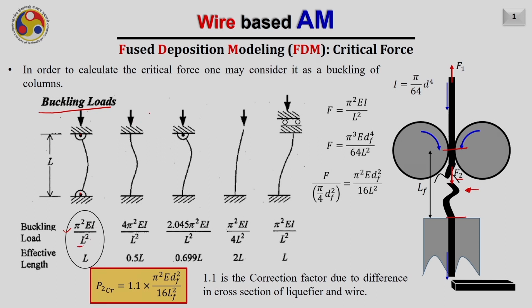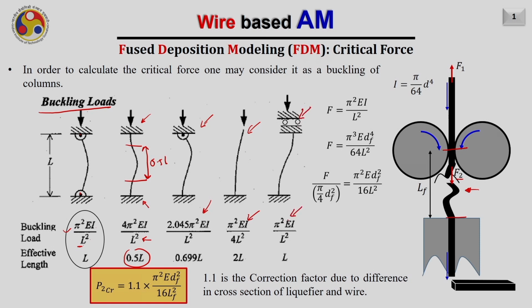Then in other case, if the column is fixed from both the ends, then the critical value of the buckling load is 4 pi square EI divided by L square, where the effective length in this case will be equal to 0.5 L. In a similar way, for different end conditions, the value of the critical buckling load is given here in this chart.